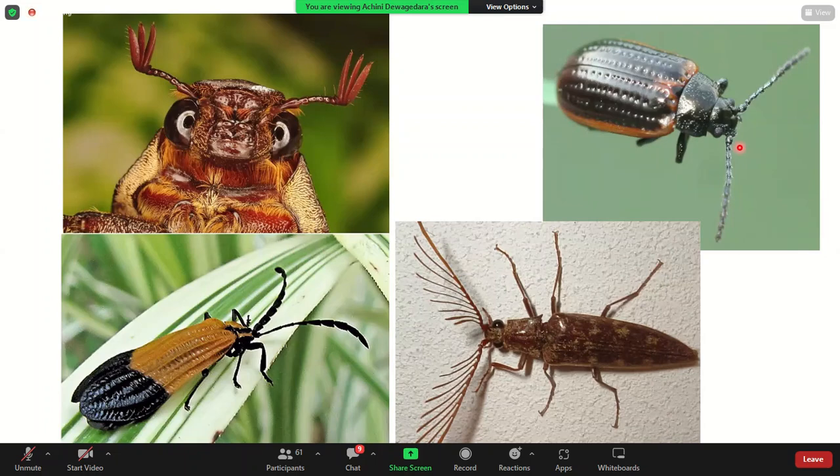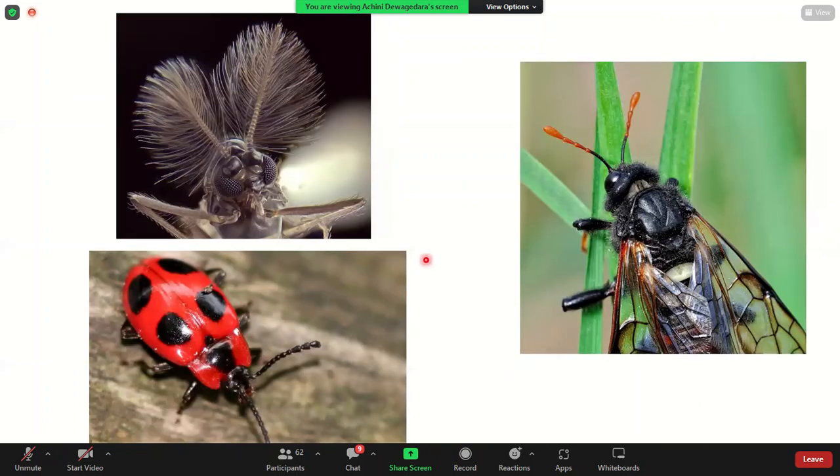According to all these functions they perform, their external and internal morphology or anatomy has been modified. Right? So during this evolution, different types of antennas are available. Here you can see feathery antennas, club-shaped antennas.